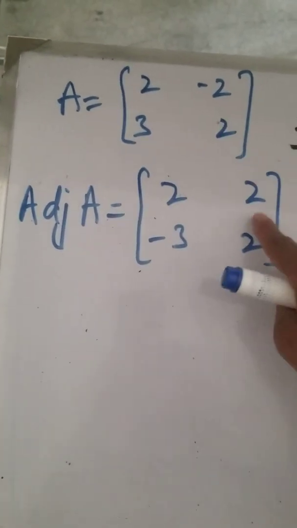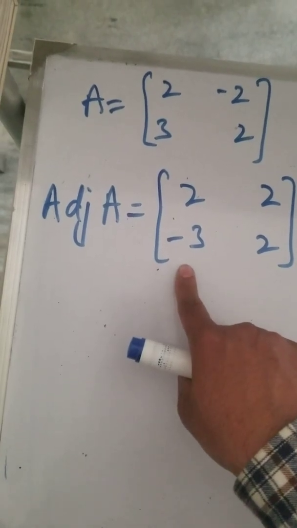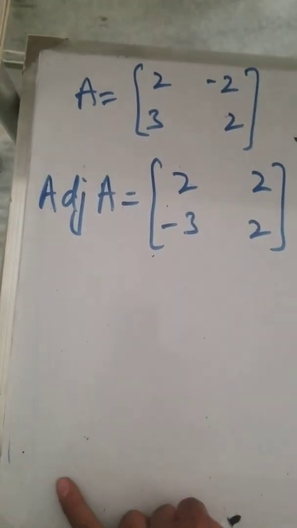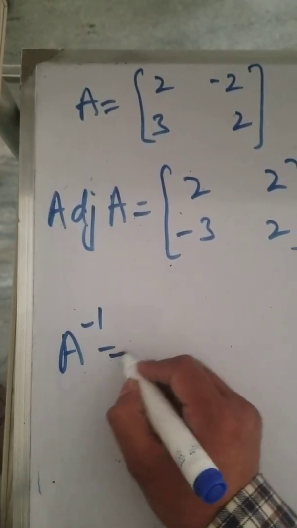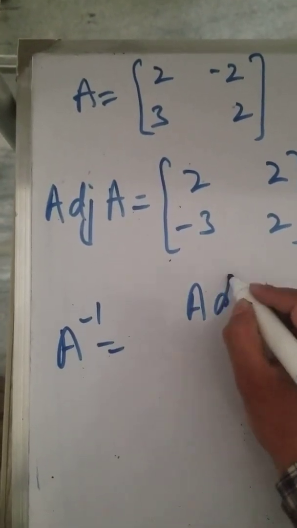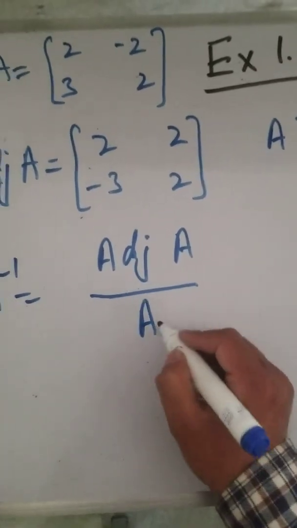That's why minus 2 changes into plus 2 and 3 into minus 3. Now we put these values into A inverse. A inverse is adjoint A over determinant of A.